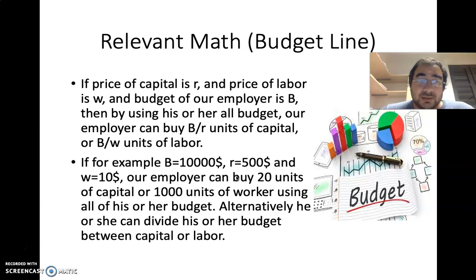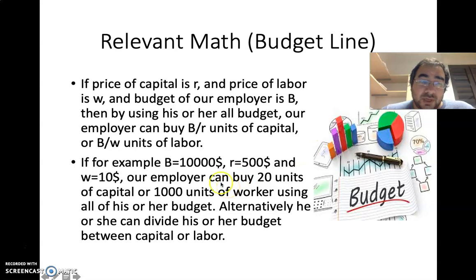If that's the case, we have at first the budget, wage, and let's say the price of capital, which is R. The maximum amount of capital you can buy is B over R, 1,000 over 500, which in this case is 20.